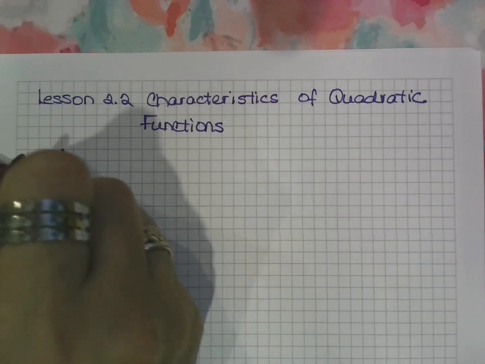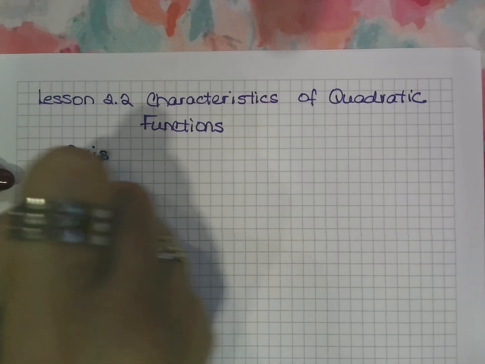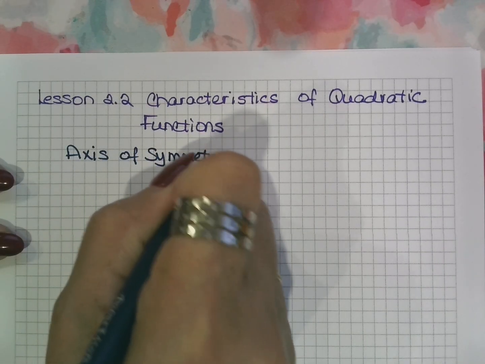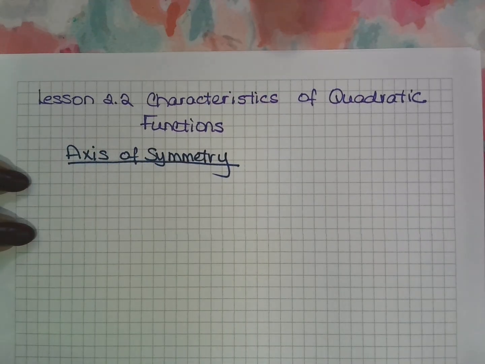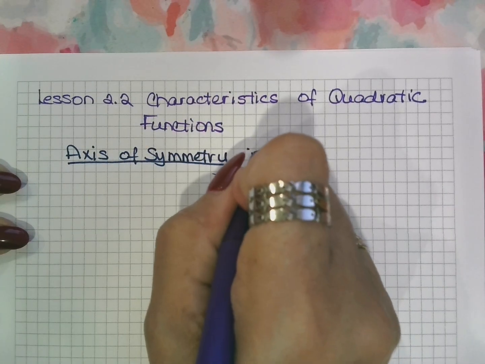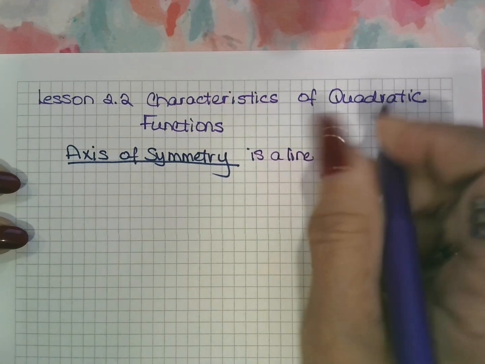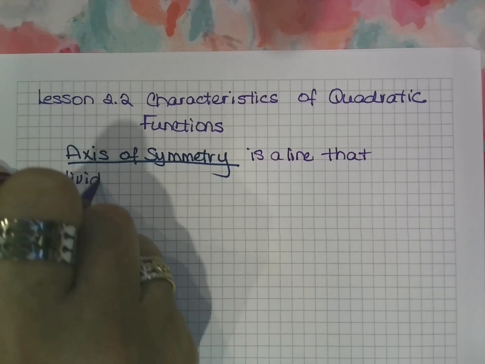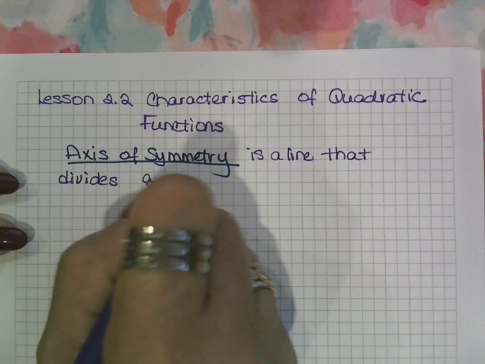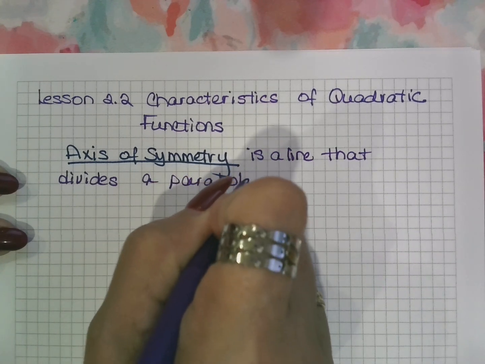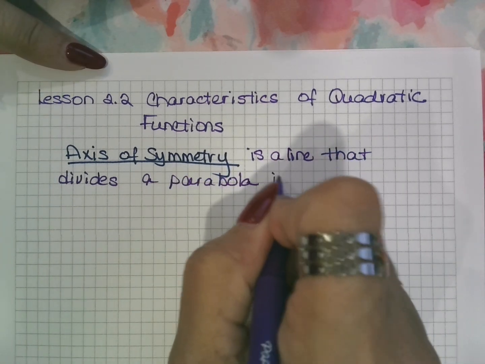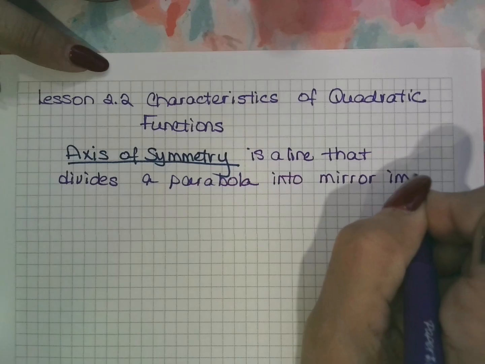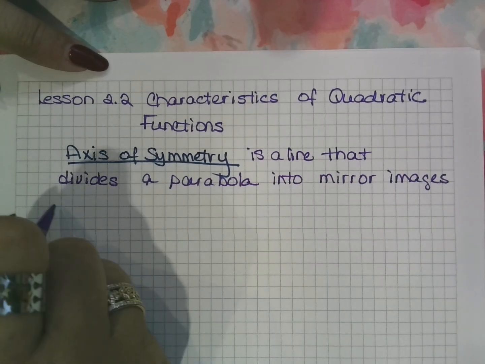Okay, the first thing we're going to talk about is the axis of symmetry. And the axis of symmetry is a line that divides your parabola into mirror images and passes through the vertex.